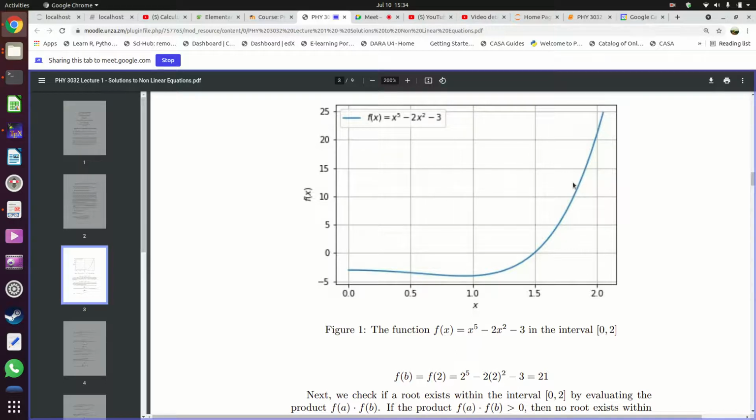On the other hand, if f of 0 is negative and f of 2 is still negative, then most likely the function has not cut the x-axis, because at both points, the function is still negative.